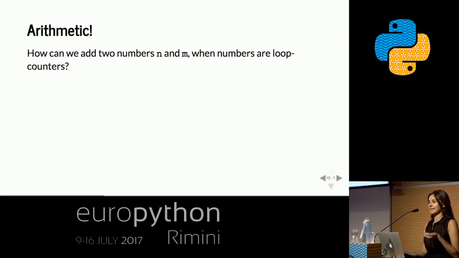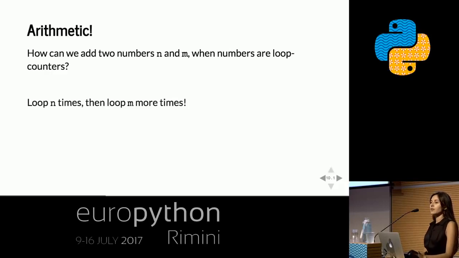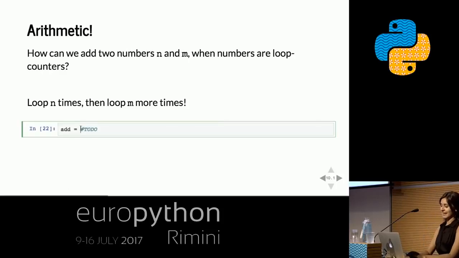Okay, what about arithmetic? Can we add two numbers? If we have n loops and m loops, and we want to add them together, we could just loop n times and then loop m more times, right? If n was 2 and m is 3, I could do 1, 2, and then 1, 2, 3, and that would give me 5. Cool. So how do we represent that?